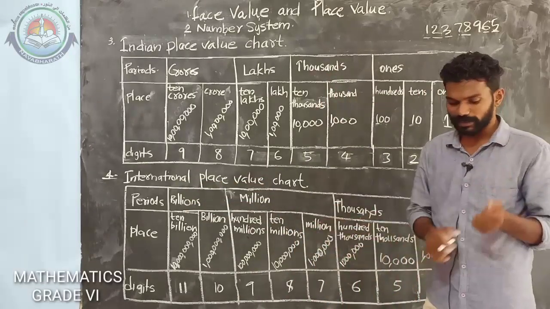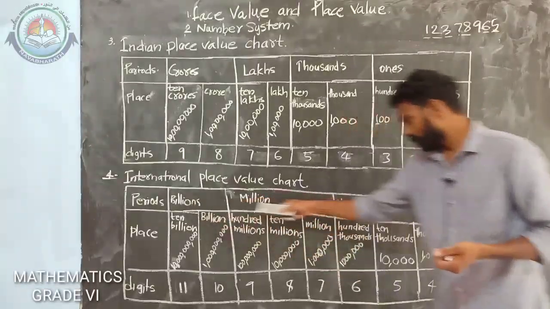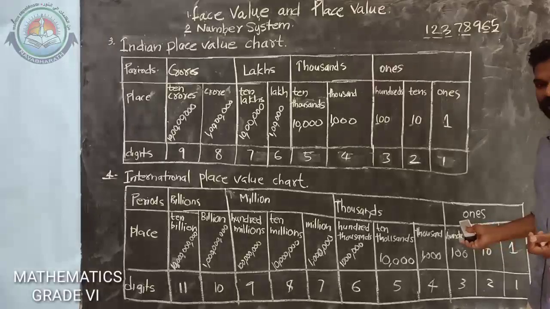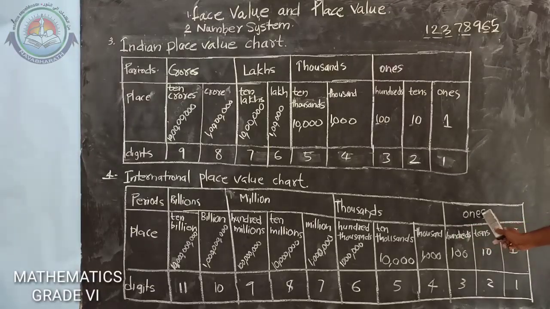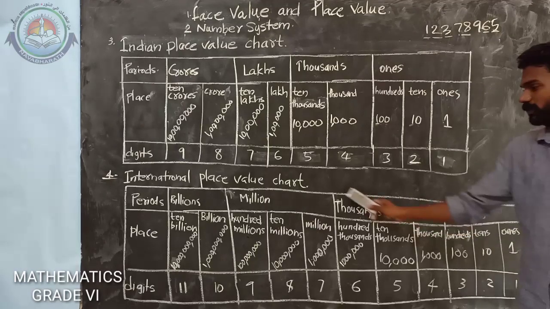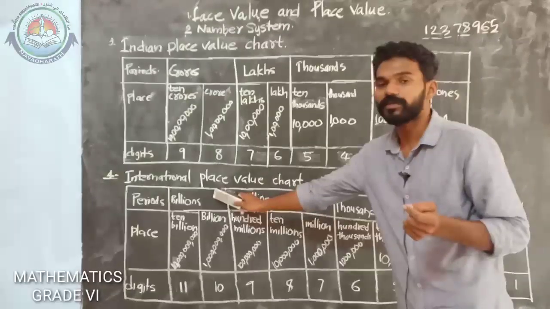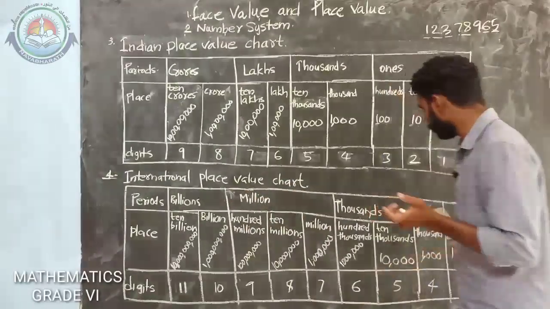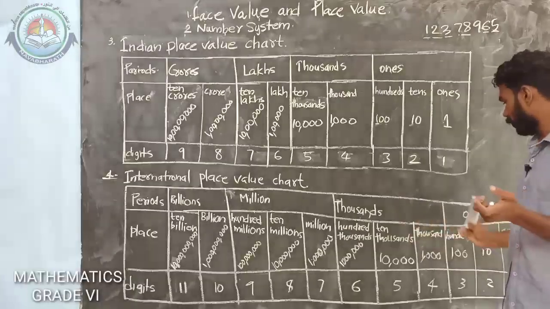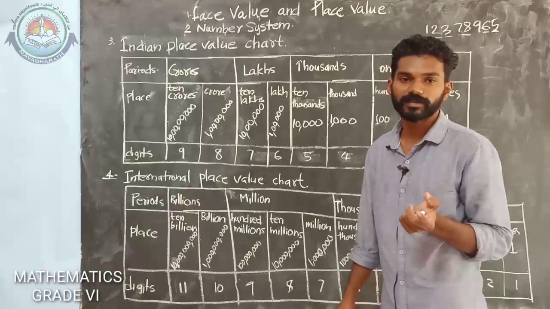You can see the periods given here. This is the period of ones, thereafter the period of thousands, thereafter millions, thereafter billions. This is the order of periods: ones, thousands, millions, billions.